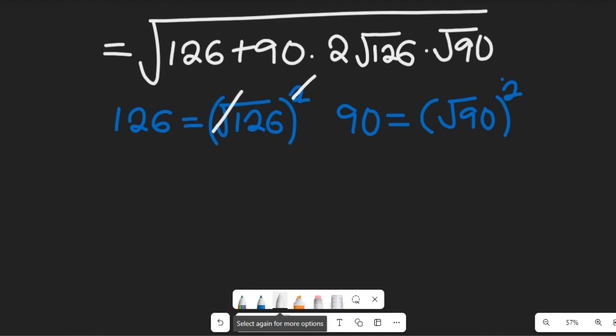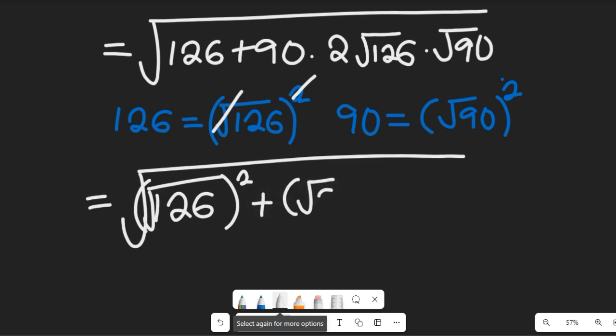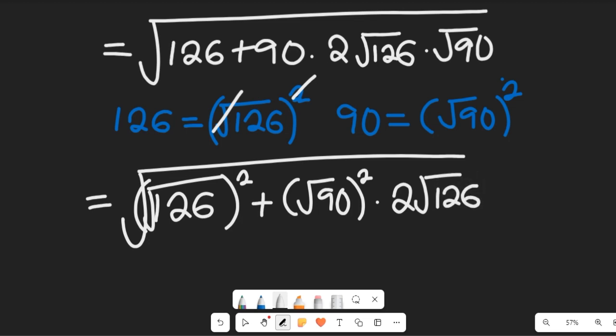So from that expression will now be the total square root of 126 squared plus 90 squared, multiplied by 2 multiplying the square root of 126 multiplying the square root of 90, right?